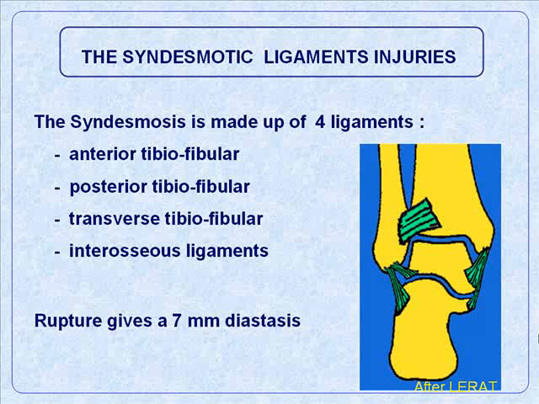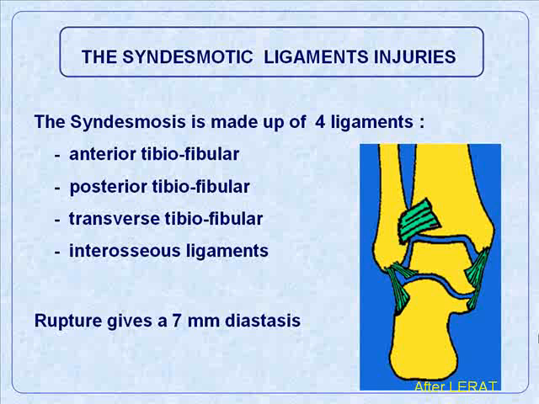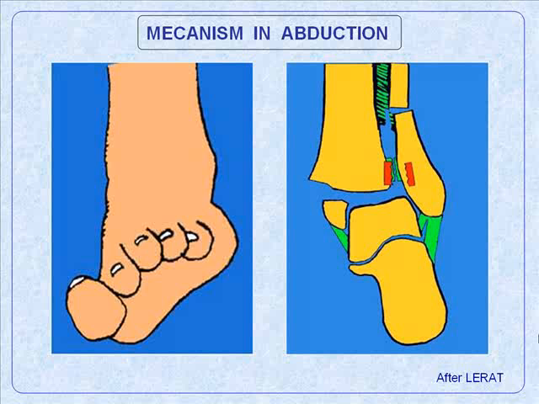The syndesmosis is made up of ligaments, and one knows that a rupture of these ligaments gives a 7 millimeter diastasis. This is the most common mechanism of this lesion. It's an abduction, as shown on this X-ray.